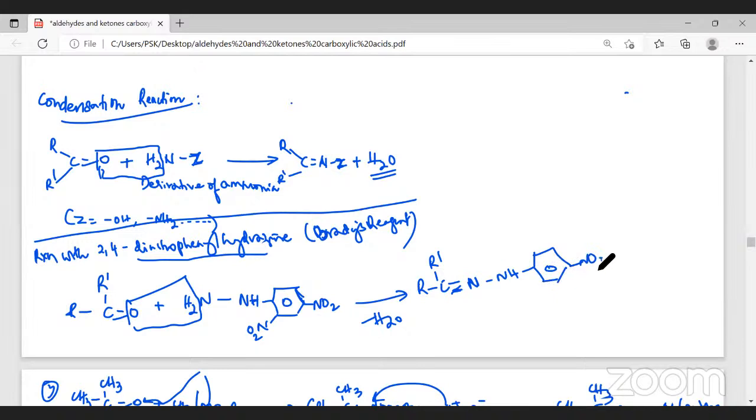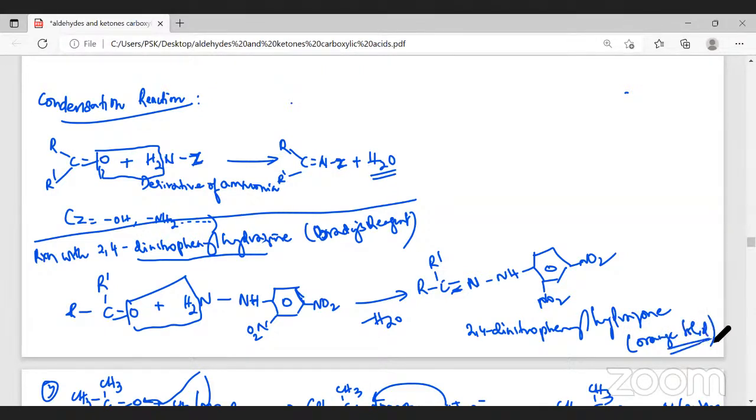You have NO2 here, and you have NO2 here. So this will be called 2,4 dinitrophenyl hydrazone. This is an orange colored solid. Follow this.